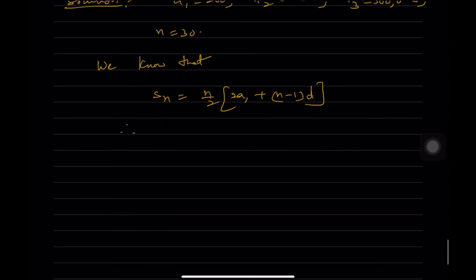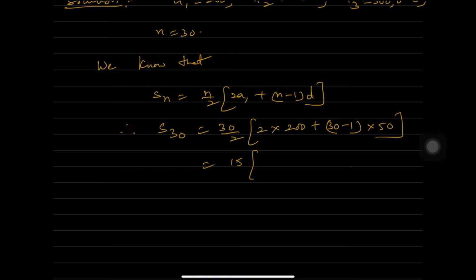So therefore S30 is equal to 30 by 2 into 200 plus 30 minus 1 into 50. So which is equal to 15 into 400 plus 29 into 50.